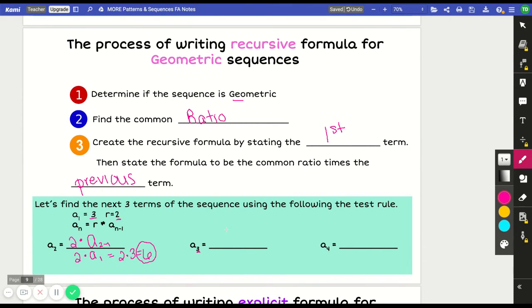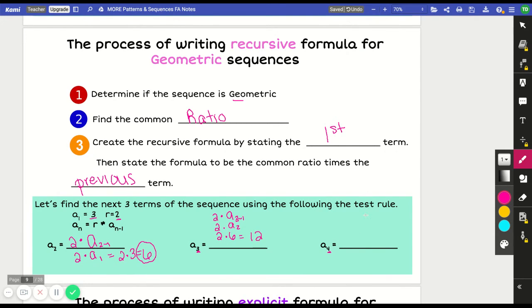Let's find the third term. 2 times A sub 3 minus 1. So that gives us 2 times A sub 2. And we just found that A sub 2 is 6. So that means we're doing 2 times 6. And that will give us 12.